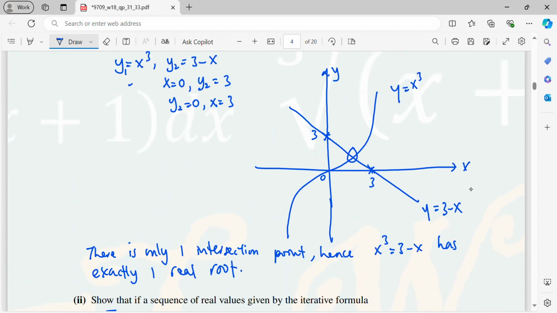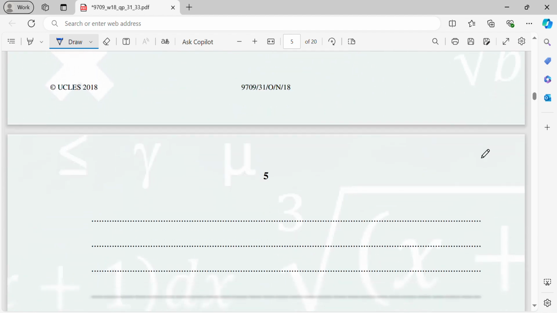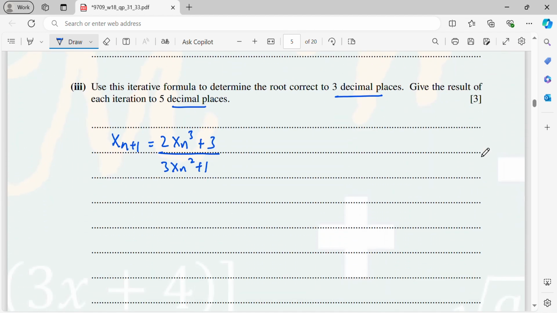I know that it is in between 0 and 3, so you can use 0 or 3 or the middle value. It's up to you. I will be using 3 as the initial x. So now I let my x0 be 3. Then my x1 will be 2 times 3 cubed plus 3 over 3 times 3 squared plus 1.